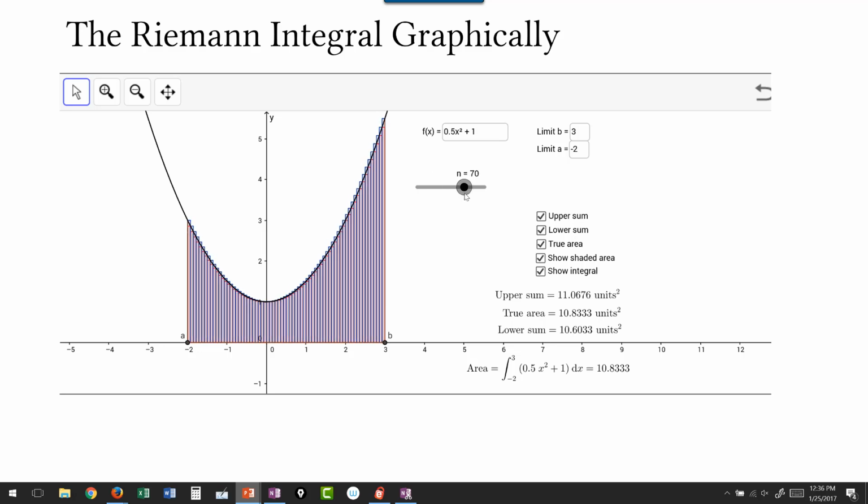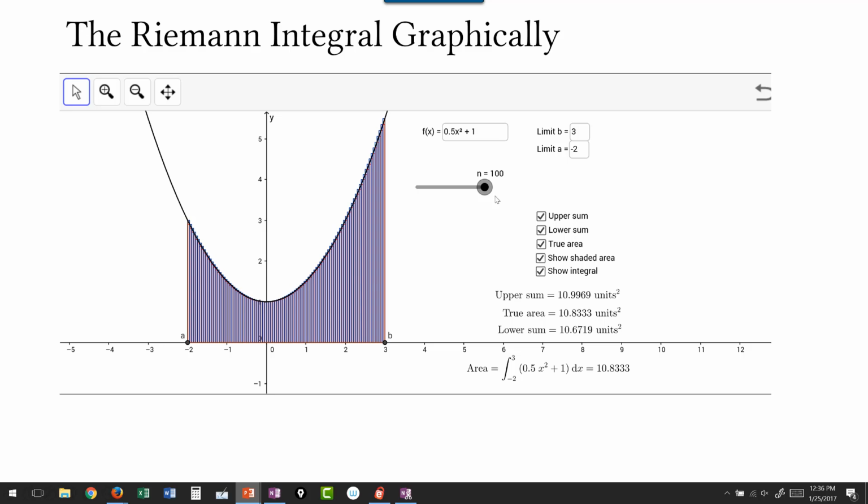And then as we increase the number of rectangles, we do better and better, until with 100 rectangles, we're within a couple of tenths of the actual area. So our upper sum, the large rectangles, goes to about 11, the true area is about 10.8, and then the lower rectangles are about 10.7. A difference that it's hard to even really see in the graph.